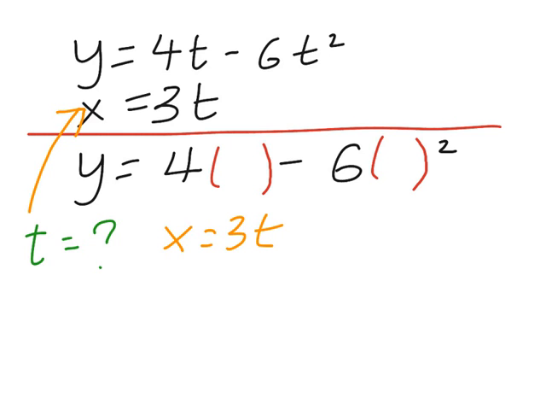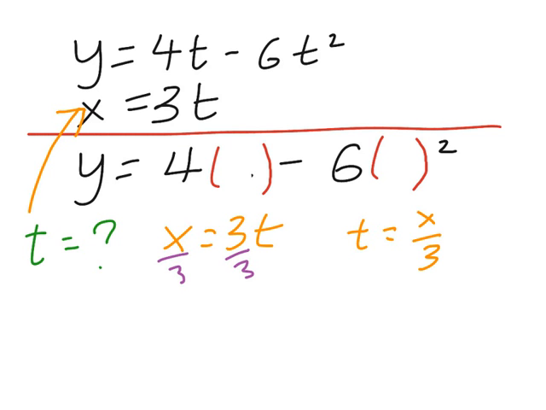We know from the second equation that x equals 3t. What that means is that if I divide both sides by 3, I know that t equals x over 3. That tells me that when I erased t earlier, remember earlier I had the t here, I'm going to erase it again.